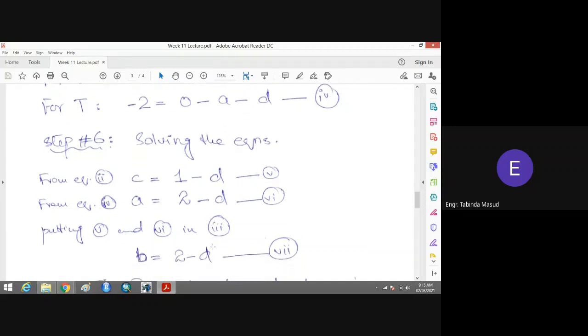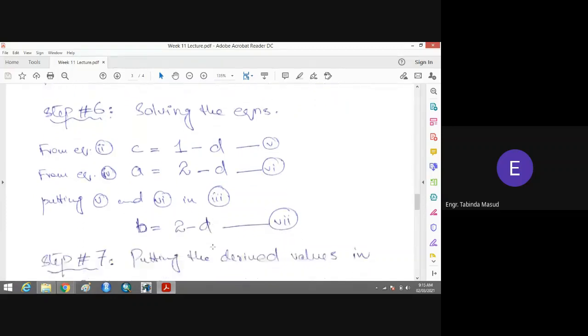Solving the above equations, you will get these results: C is equal to 1 minus D, A is equal to 2 minus D, and B is equal to 2 minus D. So I have got the values of the powers A, B, and C in terms of D.